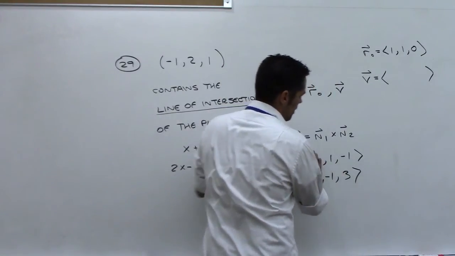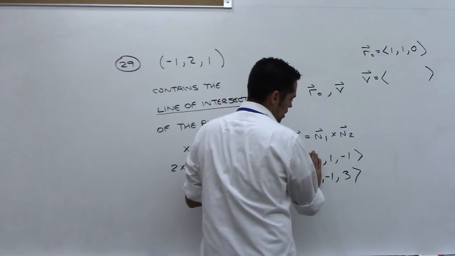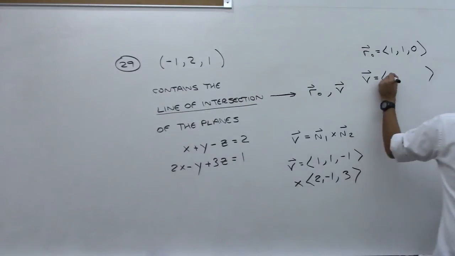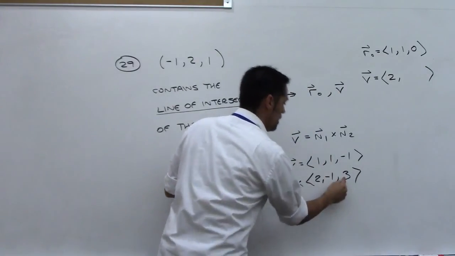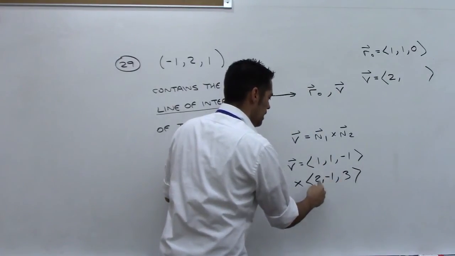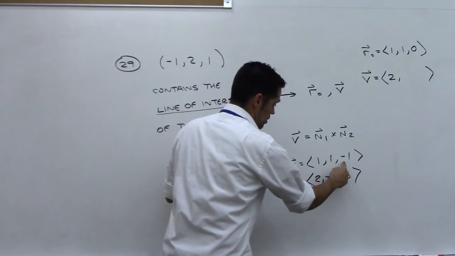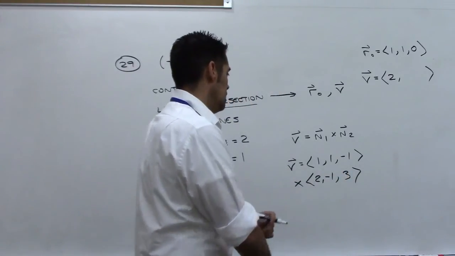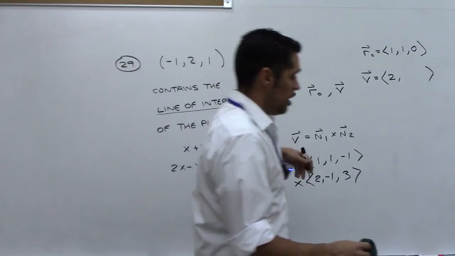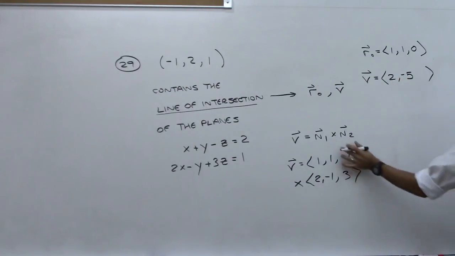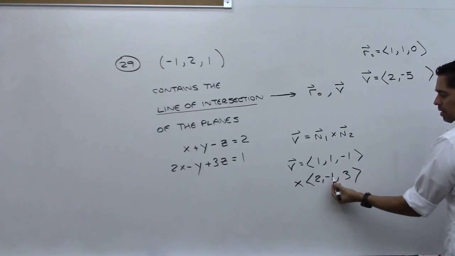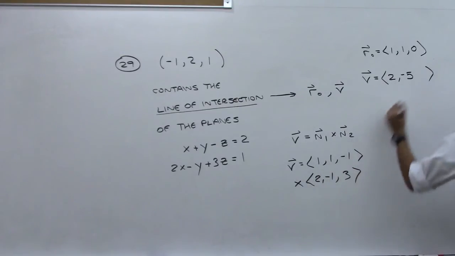Get 3, take away positive 1, that's 2. Okay, cover up the j, so we get 3, take away negative 2, so that's same as 3 plus 2, which is going to be 5, but then it's the j, so we subtract it, so negative 5. And then cover up this, we get negative 1, take away 2, that's negative 3.